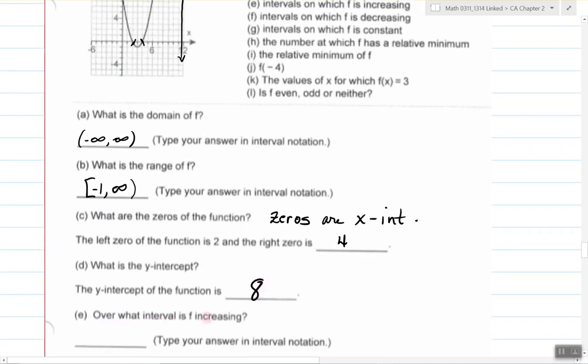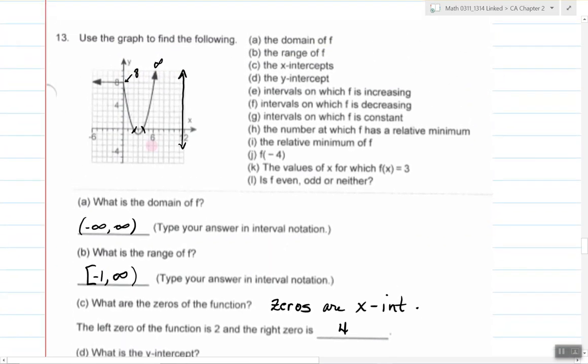Over what interval is f increasing? Okay, I'm going to erase everything on there. As I travel along, it is constant, it is decreasing, and then it turns and it is increasing. And it changes right here, and it changes right here.